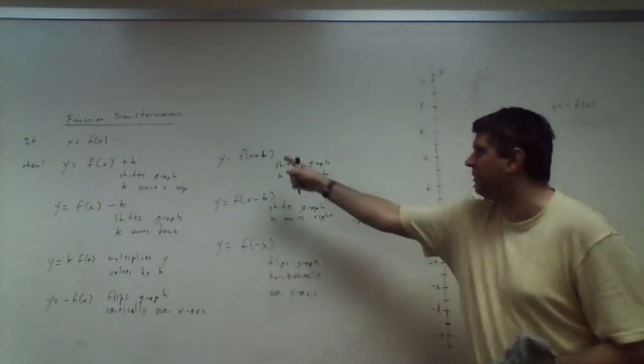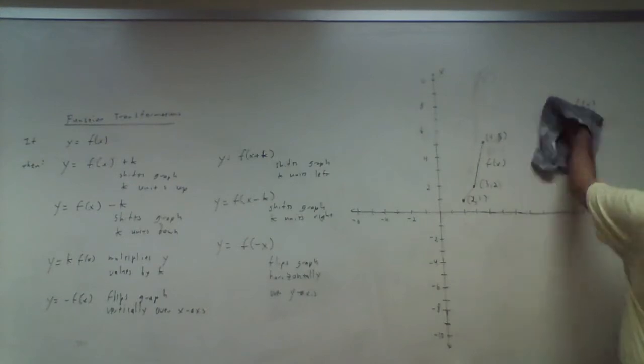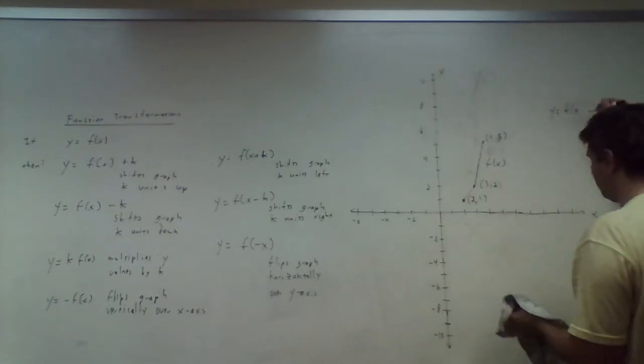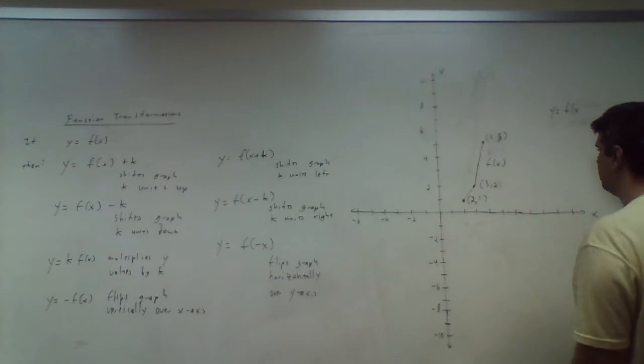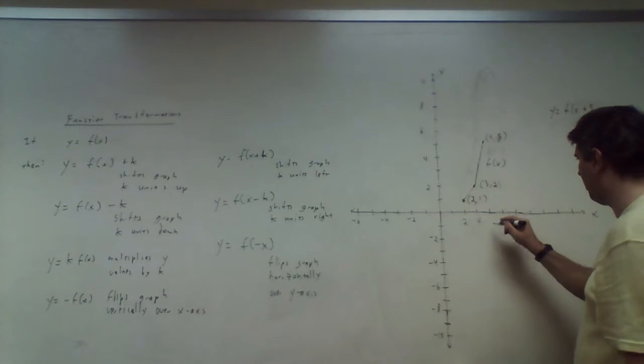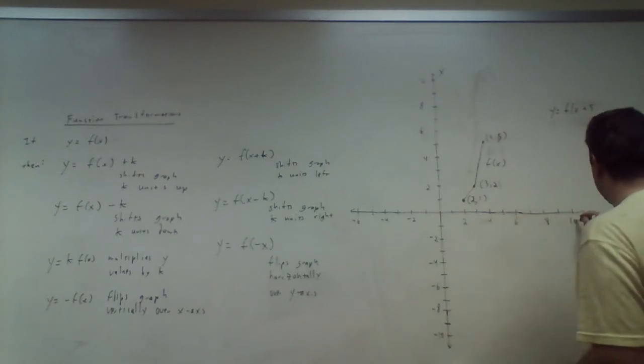So now we'll talk about these three. If y equals f of x plus 5, by the way, this is 2, 4, 2, 4, 6, 8, and 10.